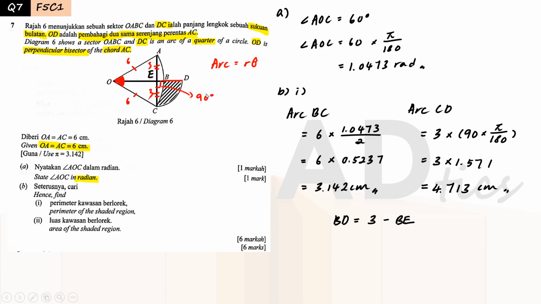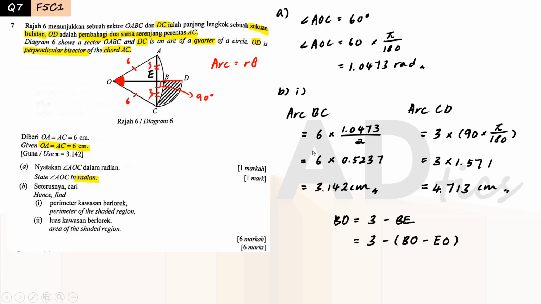For BE, we can use the sector to help us. Let's calculate the length of this whole line, which is from B to O. Then to find BE, I minus out the part that I don't want, which is EO.